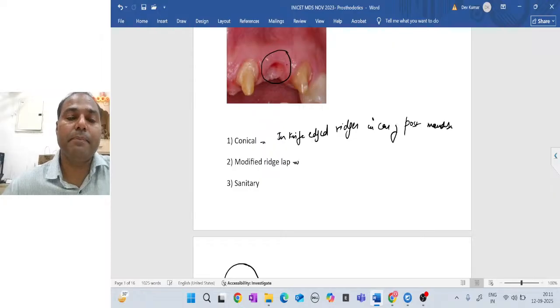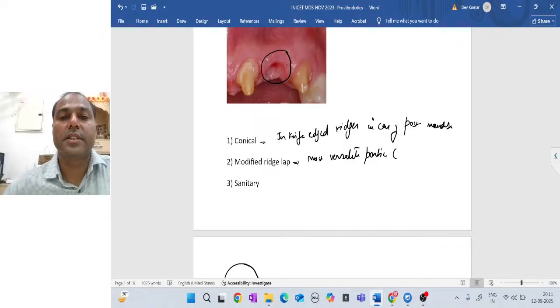Modified ridge lap is the most versatile pontic, indicated mainly in cases of maxillary anteriors and posteriors and mandibular anteriors.